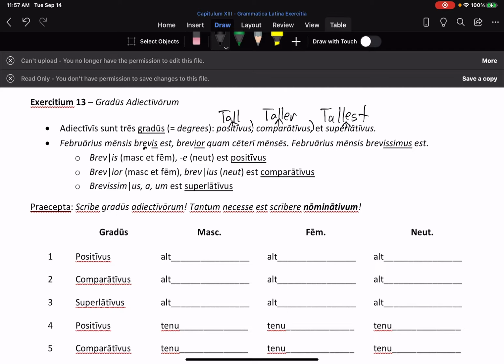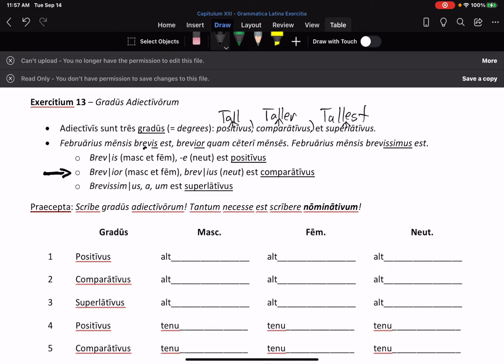And whenever we make an adjective comparative, it's going to be declined in the masculine and feminine as a third declension noun, right? So that's very helpful.